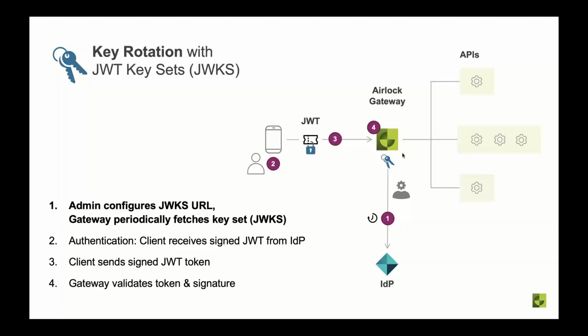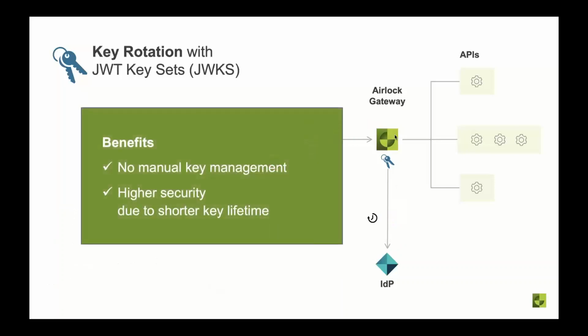And the rest is actually the same. So clients authenticate, send tokens with varying keys, and the Airlock Gateway is always up to date using the current keys. So that's very, very useful because you no longer need manual key management, and the keys are actually controlled by the central IDP. And you can enforce higher security because you can have short-lived keys.